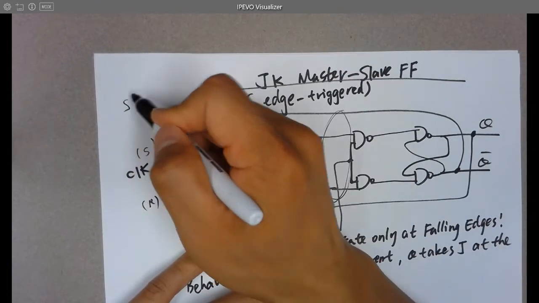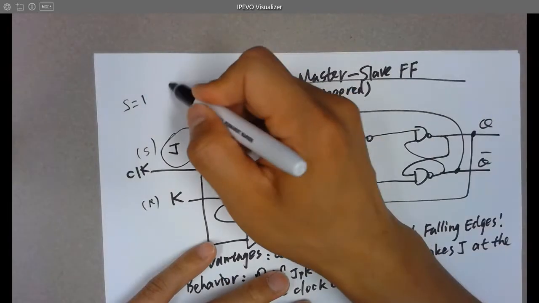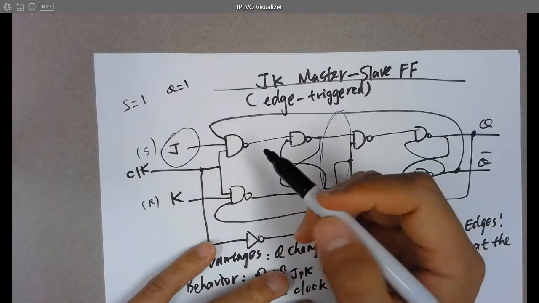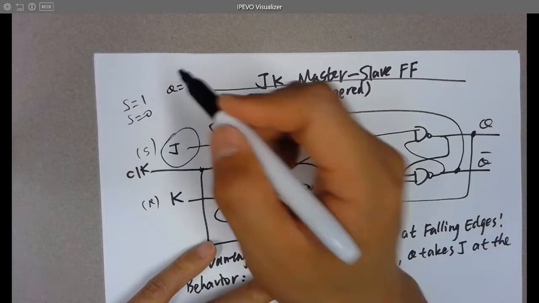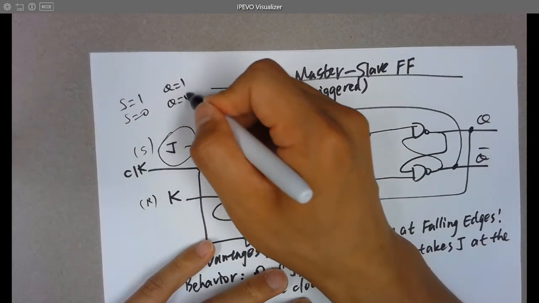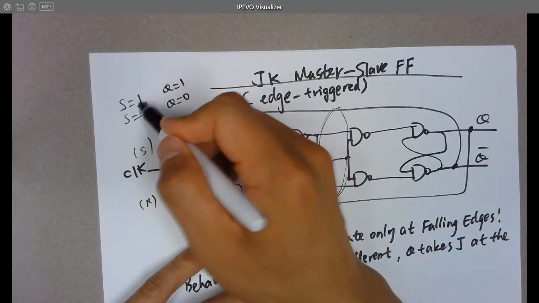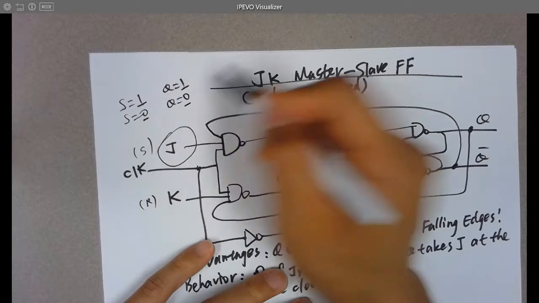So think about that. Since S is set, when S is 1, you are setting the result to be 1. When S is 0, which means R must be 1, then Q is being reset. So you can find out that S and Q are always the same.